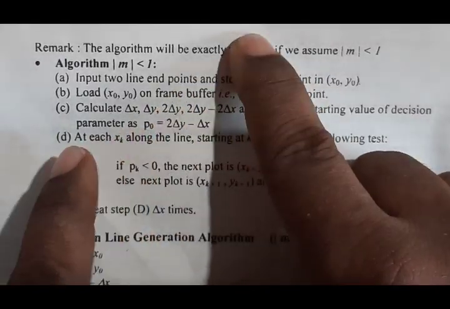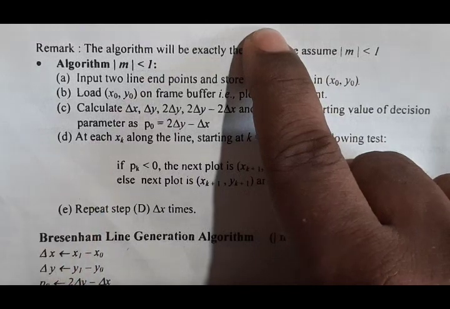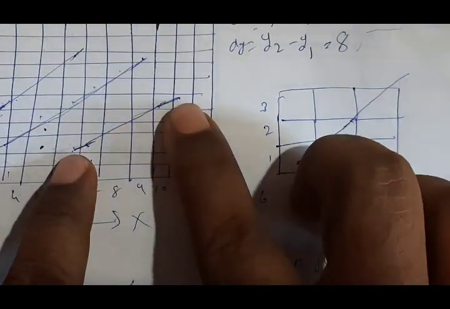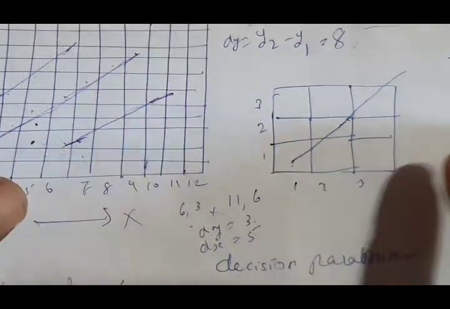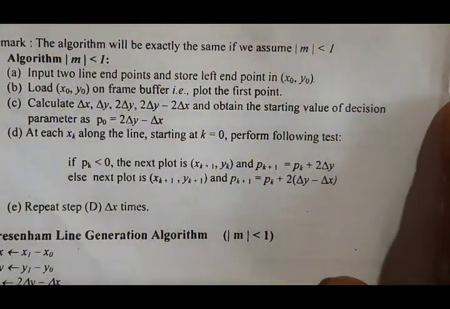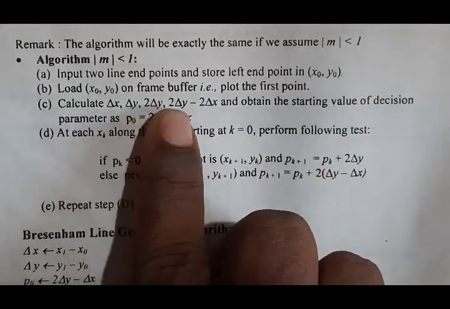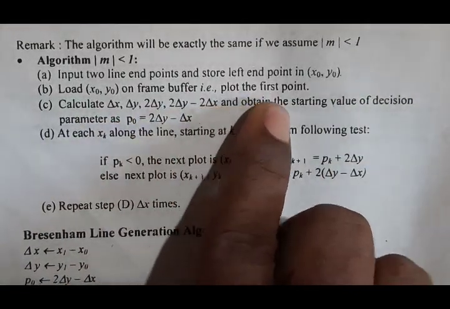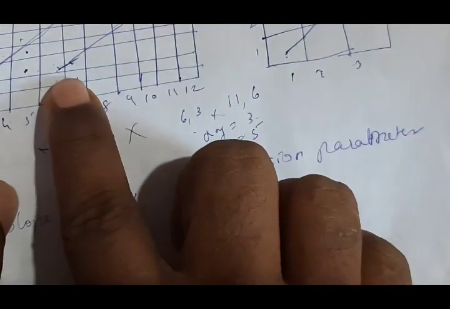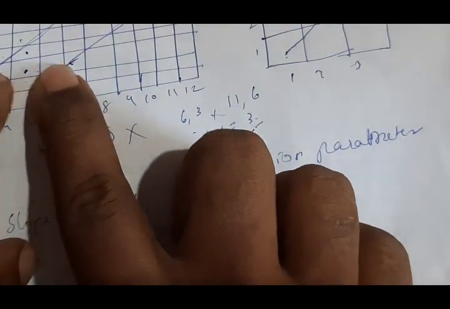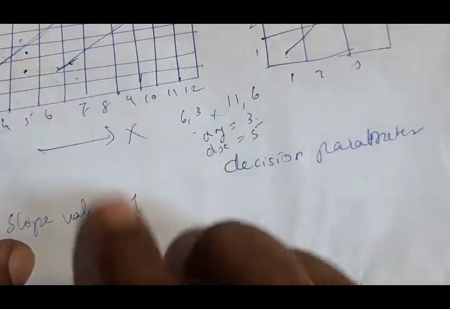Then load x0, y0 on the frame buffer, that is, plot the first point. So this is the line, and this point, this pixel, you have to fill.